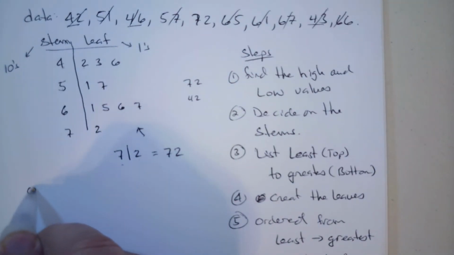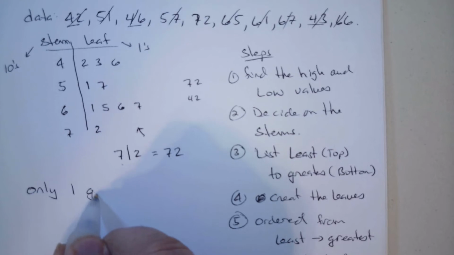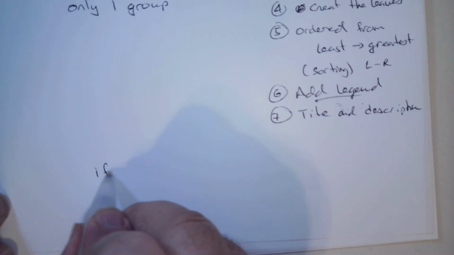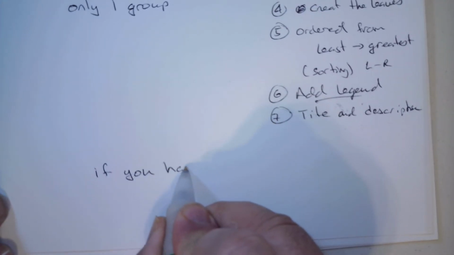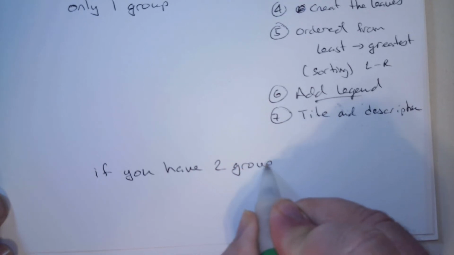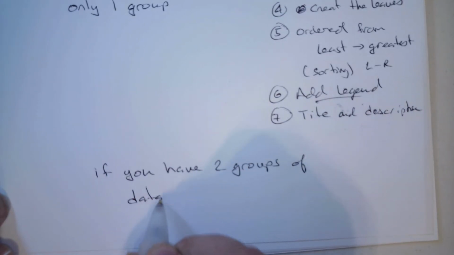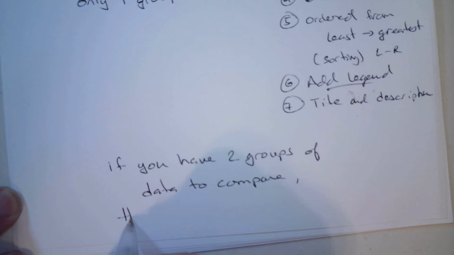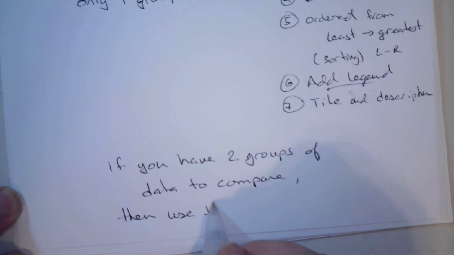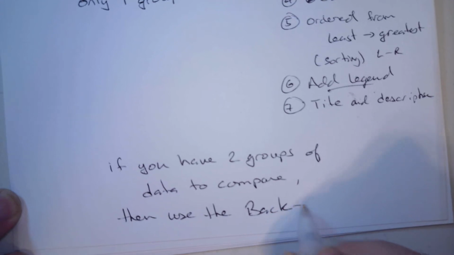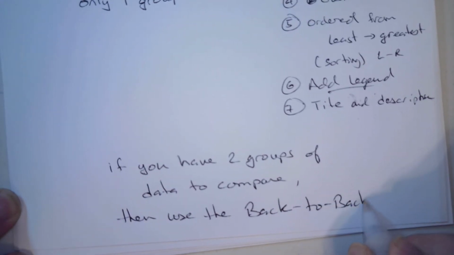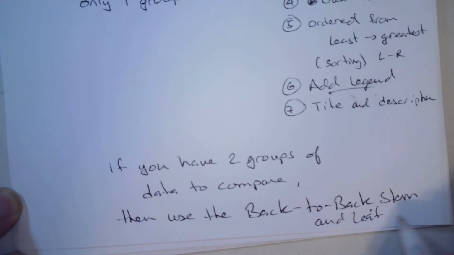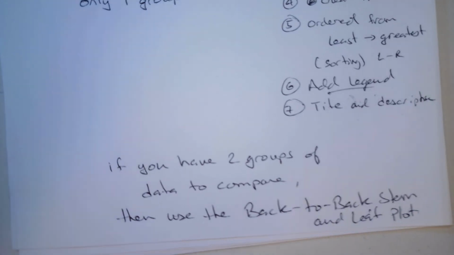This is with only one group. If you have 2 groups of data to compare, then use the back to back stem and leaf plot.